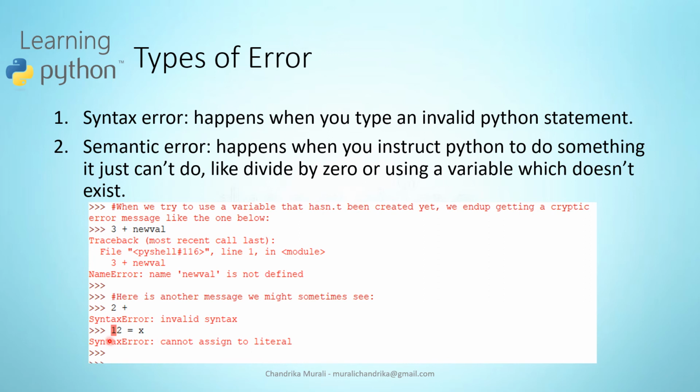So it is showing a syntax error, cannot assign to a literal. You cannot store any value in a literal, just like you store a value in a variable. x is equal to 12 is fine. You're storing the value 12 in a variable x. Whereas 12 is equal to x is wrong. It cannot be syntactically acceptable.